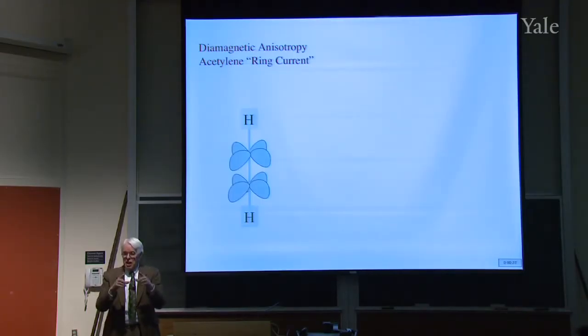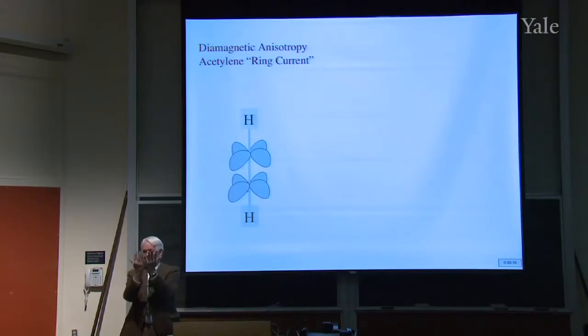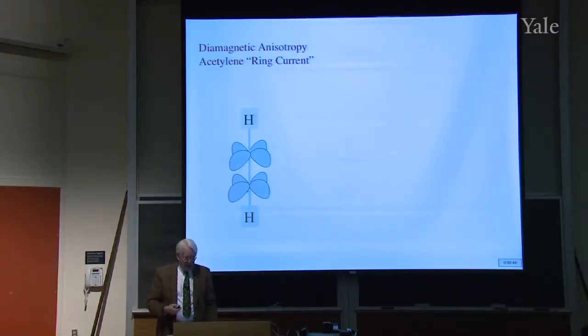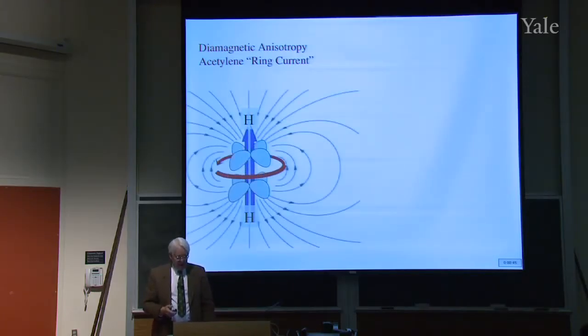It's not lumpy. And 2 give a cylinder, right? So this thing has a cylinder around the carbon-carbon triple bond, right? So there's a path in which electrons can circulate, okay? So we get this diamagnetic current when we put a field on that and get these fields.